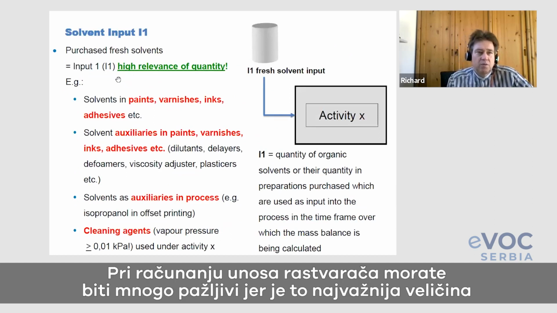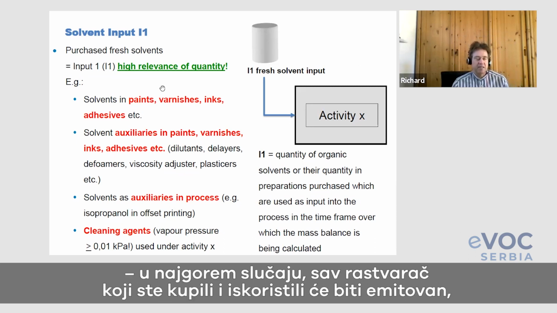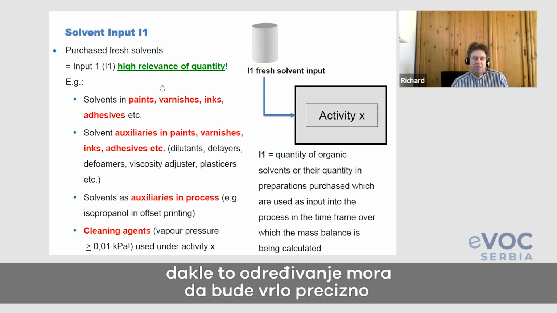Yes, so for the solvent input, you should take a lot of care, because that is the most crucial quantity. I mean, it's clear: in the worst case, all of the solvents that you have purchased and used will be emitted. So it's clear the solvent input is the most important quantity. So that determination must be very precise.